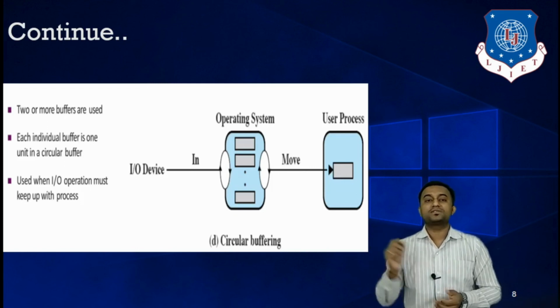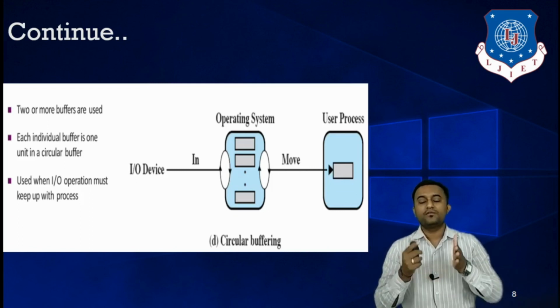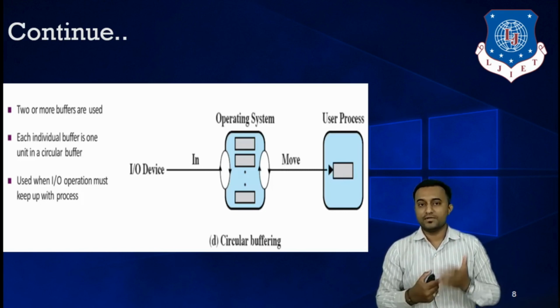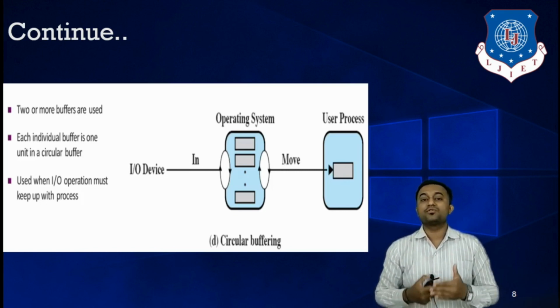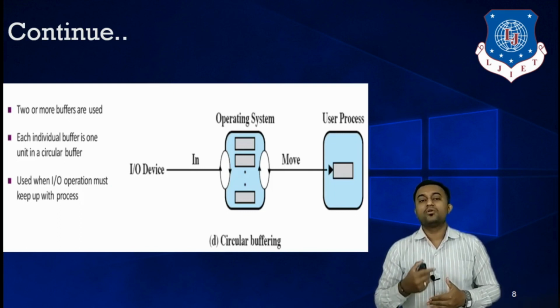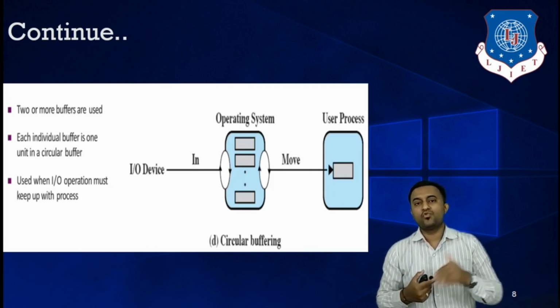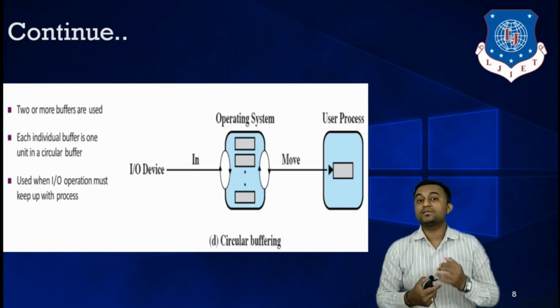In this case, we have multiple buffers, and multiple buffers can be arranged in a circular fashion. So the in operation and move operation can be performed in a circular fashion.